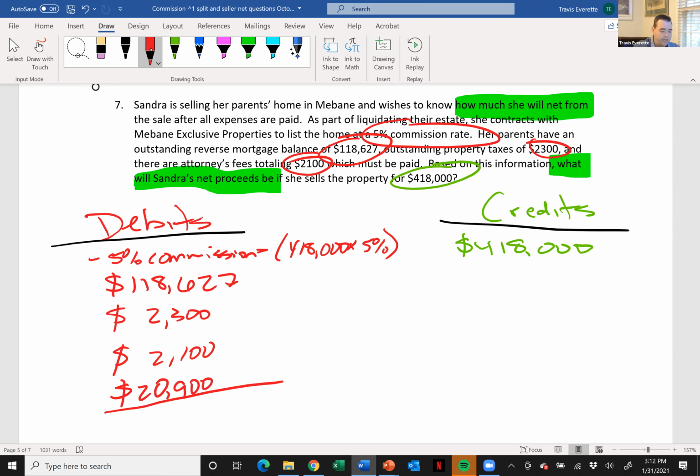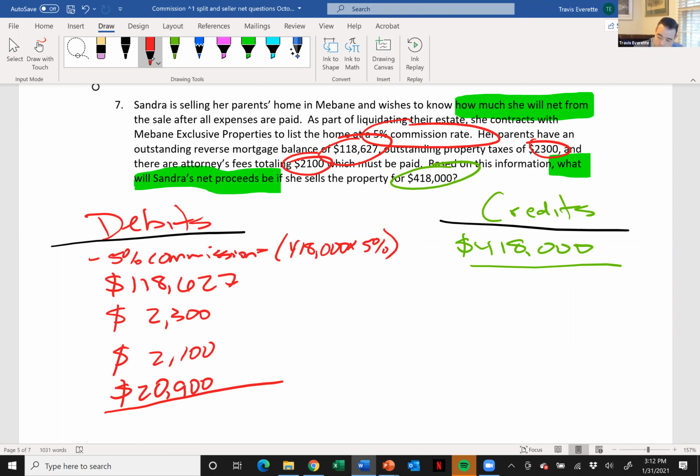And I know I need to add each one of these up, right? So it always takes more time to add up my debits. I'm going to add these up twice just to make sure. 2,300, 118,627. Sometimes I go from the bottom to the top and then from the top to the bottom.